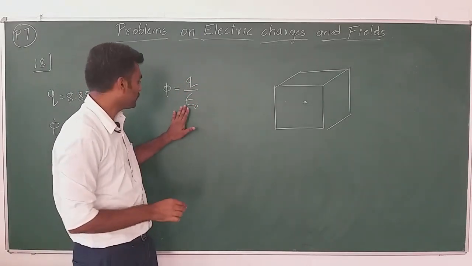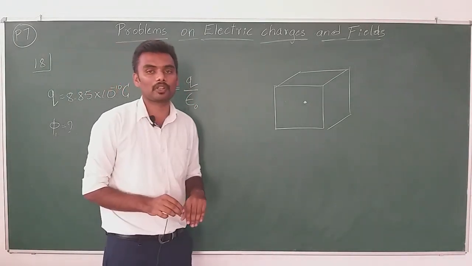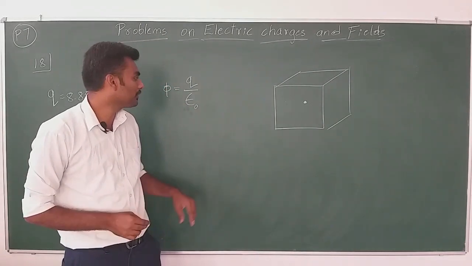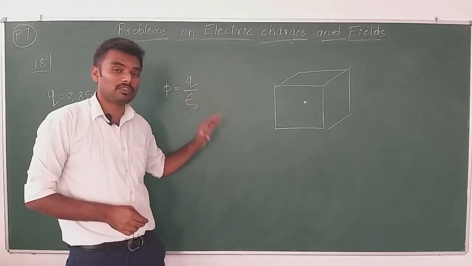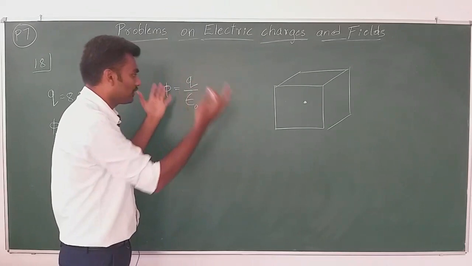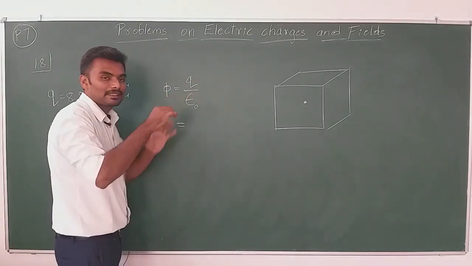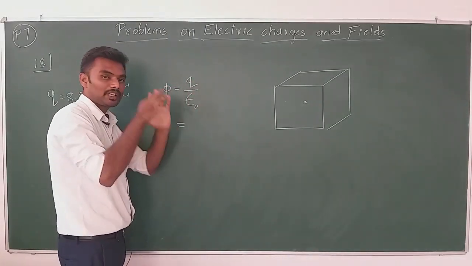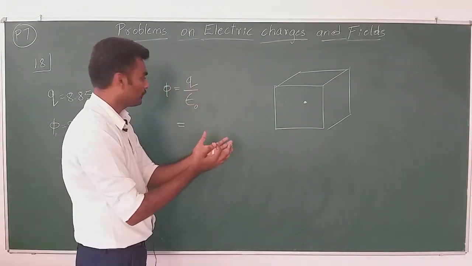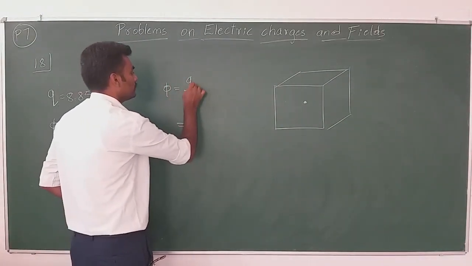Since the medium is vacuum, you can simply keep it epsilon naught. They have given the medium is vacuum. Now this is the total flux experienced by all the 6 surfaces put together, because that is the total surface area of the cube.